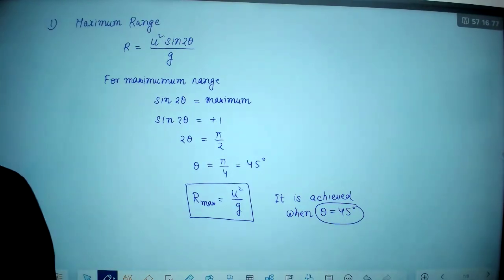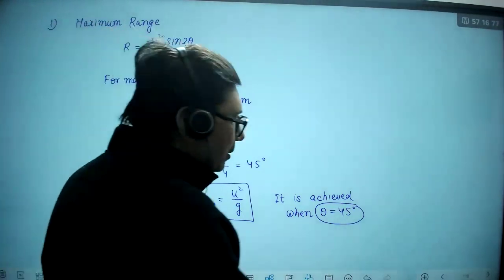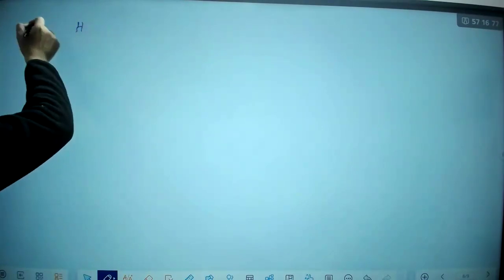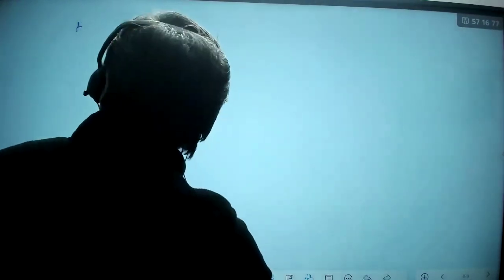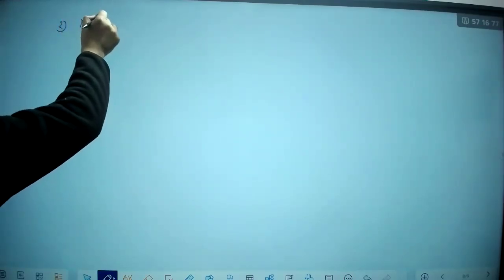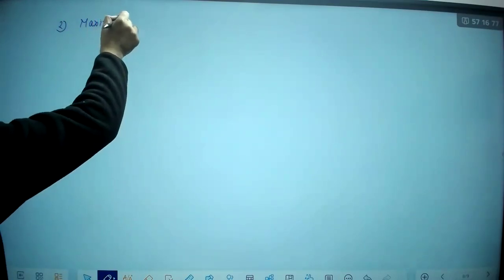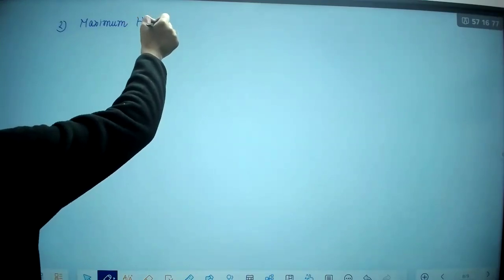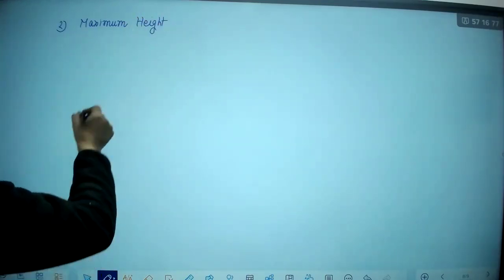Yes, sir. What should it be for the maximum height? Second point, maximum height.